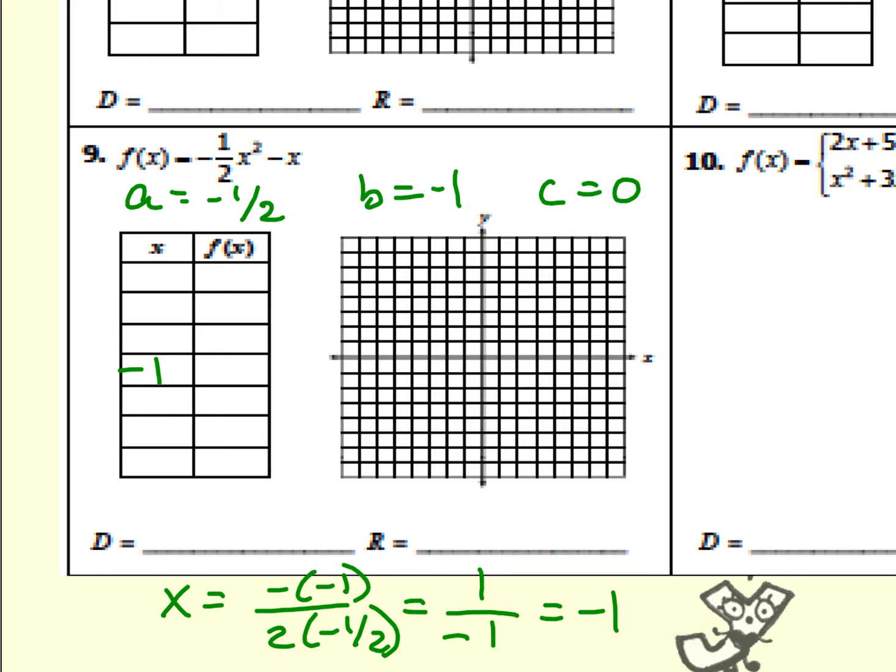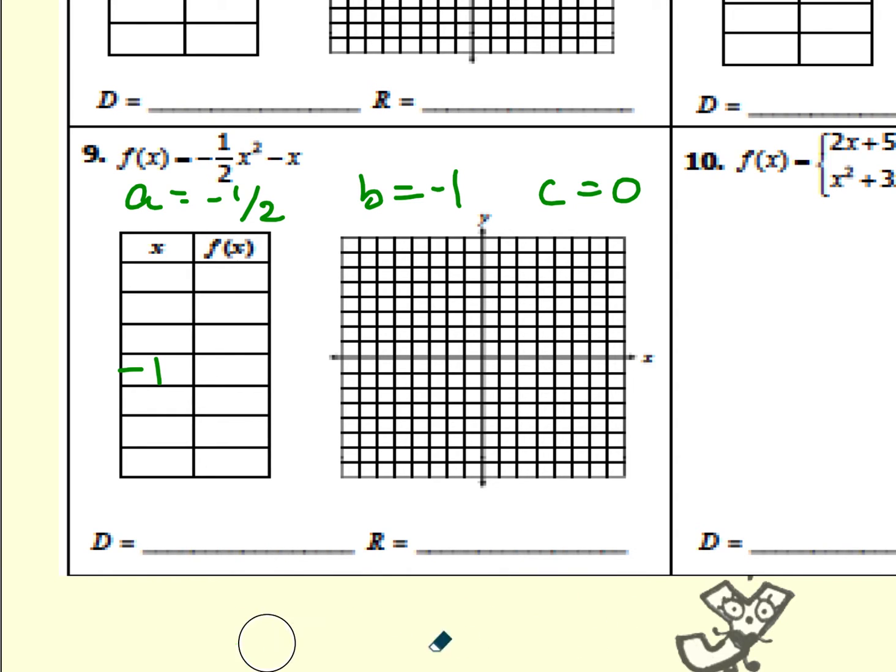So now I can go ahead and figure out a couple things. I know my axis of symmetry is going to be going through negative 1 on the x-axis. And now I've got to figure out the y-coordinate to figure out exactly where the vertex is.